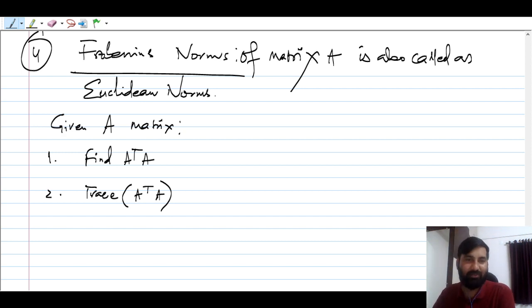Summing the diagonal elements, the sum of the diagonal elements of A transpose A.